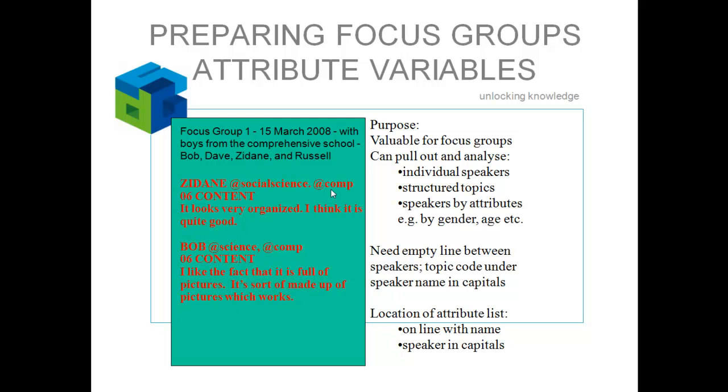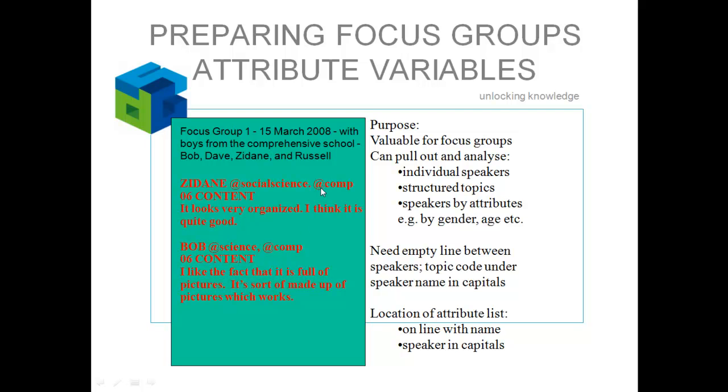So the variables in this case are what A levels these students were studying, so that's why I have at social science, at science here, and whether or not they go to a comprehensive or a grammar school, and that's what at comp represents here.